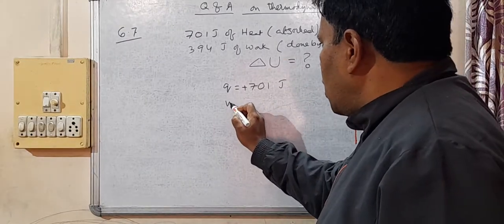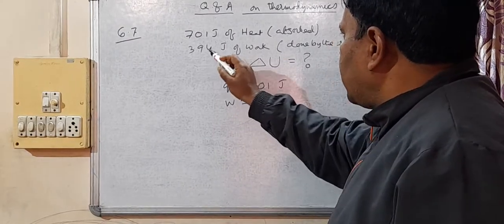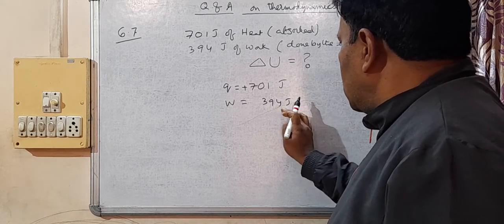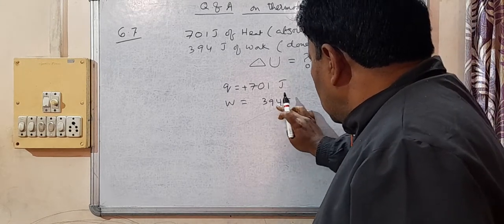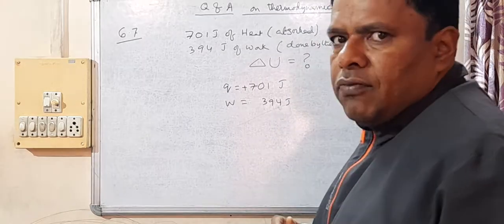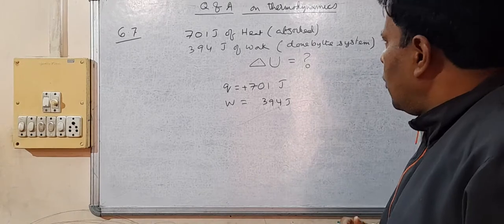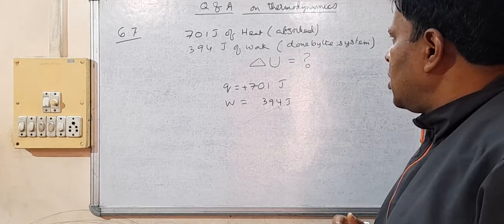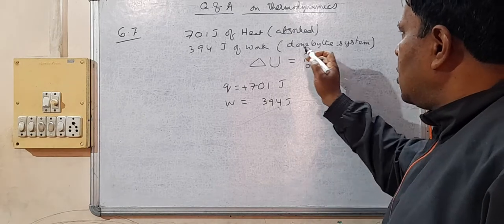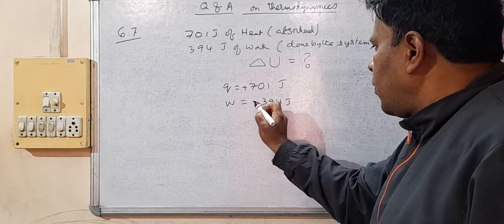And work, it is given 394 joules. According to sign convention for work, work done by the system is negative, work done on the system is positive. So since it is work done by the system, it will be negative.